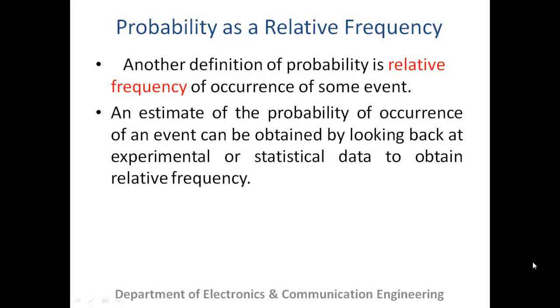In lecture 1, we talked about probability, and we said that to define a probability, we have two definitions. One is the probability using sets, or we can say the axiomatic definition of probability, and the other one is the relative frequency definition.